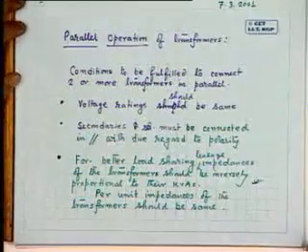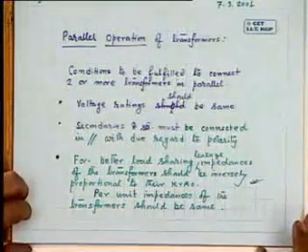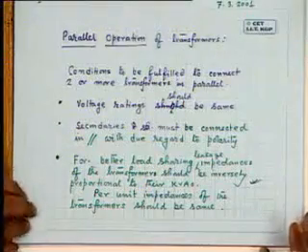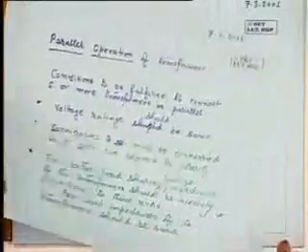Stating that leakage impedance should be inversely proportional to their kVAs implies that per unit impedances should be the same. This I will highlight.